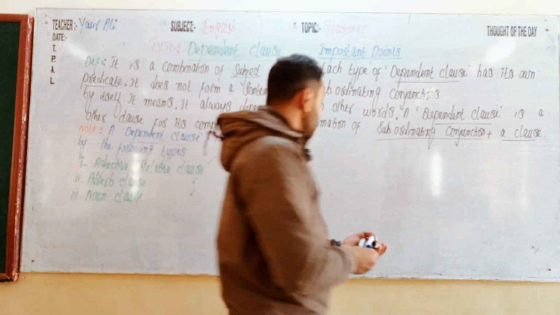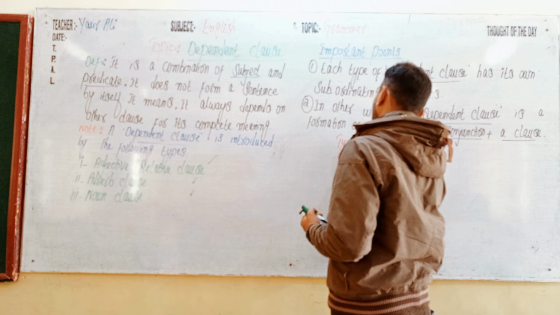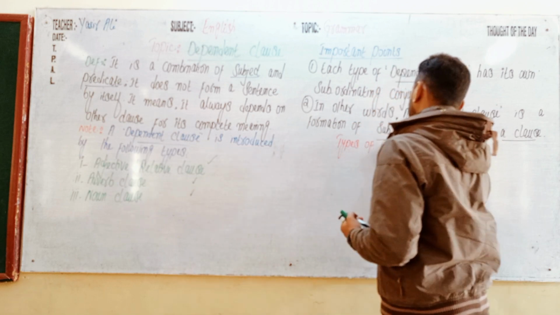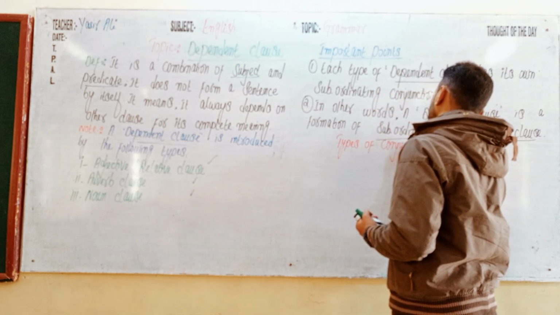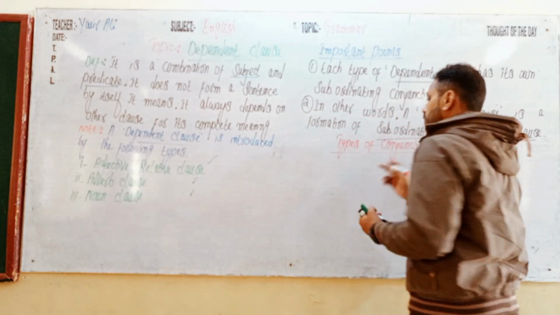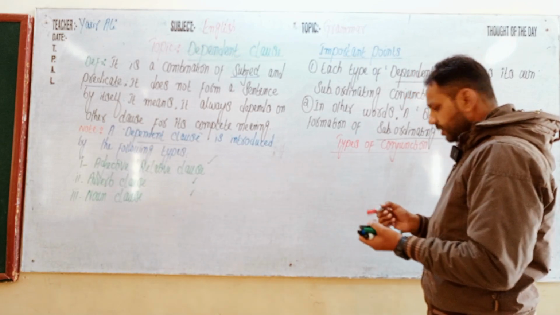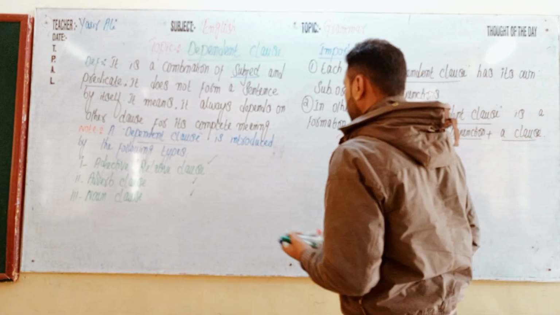So let me clear one thing. I'm going to tell you something about the types of conjunction. Basically, everybody knows what a conjunction is. Conjunction is a source which is used to connect two words, two phrases, two clauses, two sentences. Now let me guide you about the types.